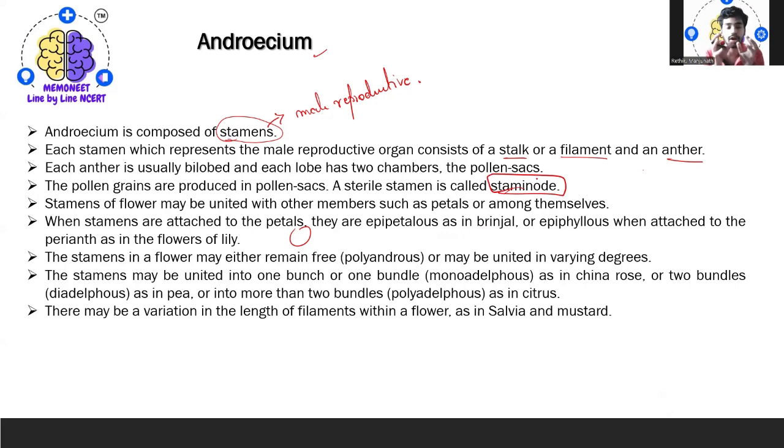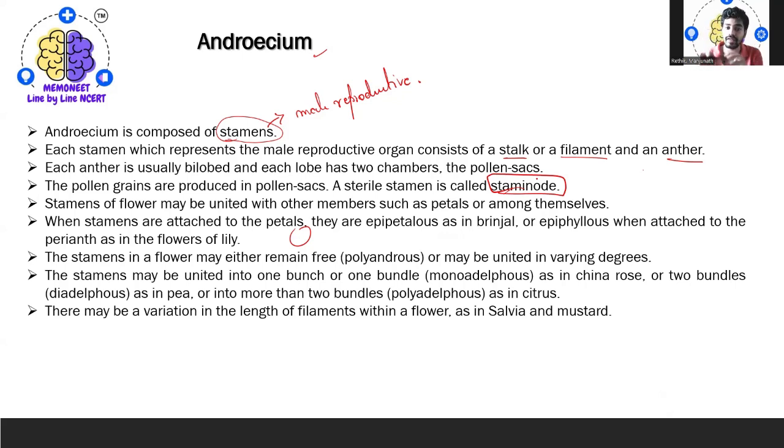Stamens of a flower may be united with other members such as petals, and among themselves. When stamens are attached to the petals, they are epipetalous, as in brinjal, or epiphyllous when attached to the perianth, as in the flower of the lily.